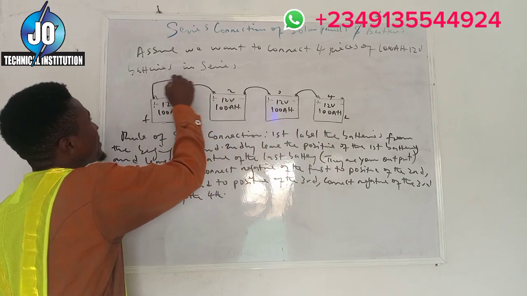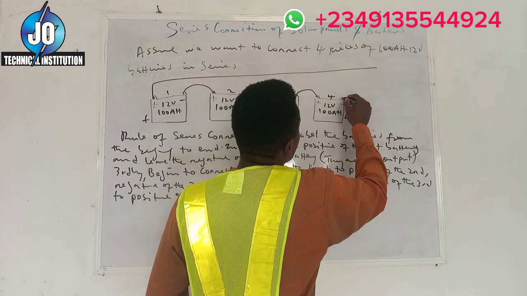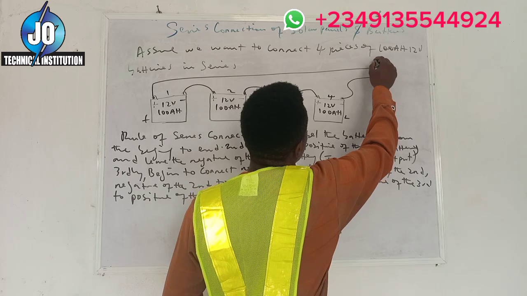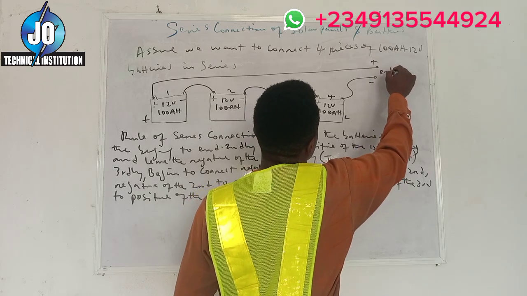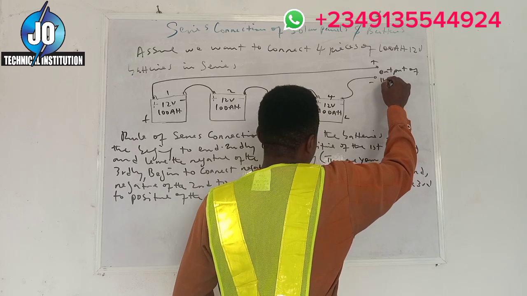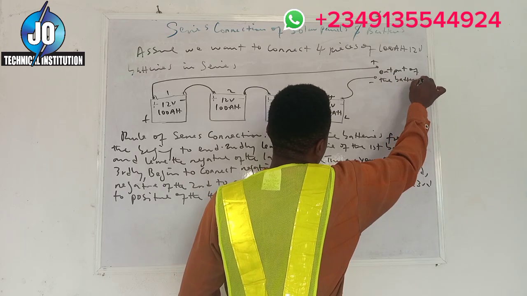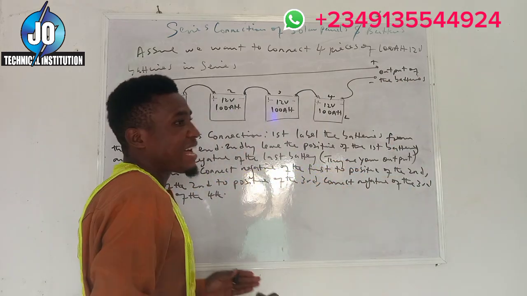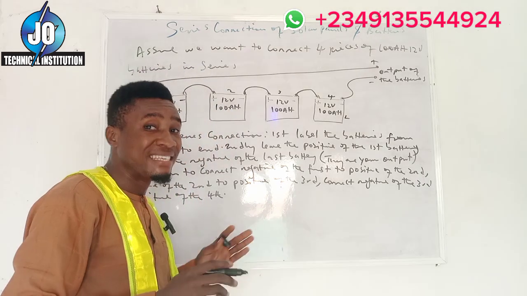So the first positive and the last negative become your output of the batteries. This is how we connect our batteries in series.